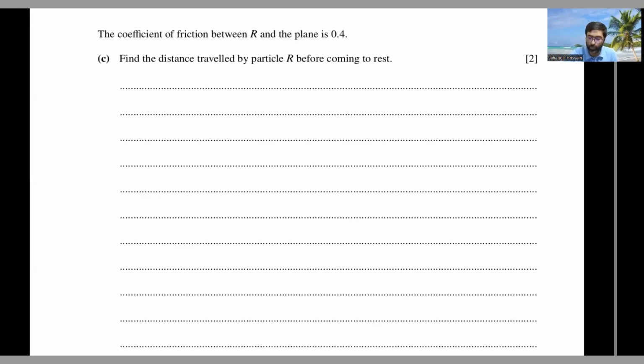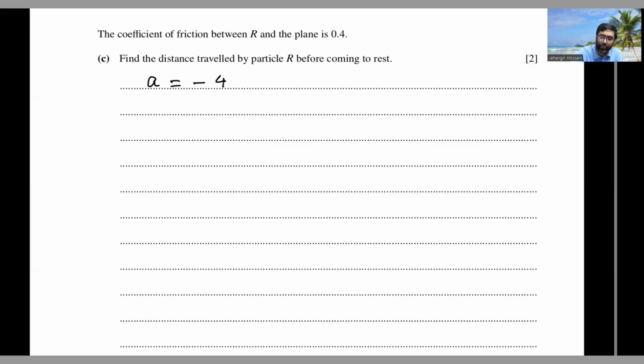Whatever the acceleration was for P, the same acceleration will be for R. So the acceleration remains unchanged. Why? Because the coefficient of friction is unchanged, and apart from the friction, there are no other forces.